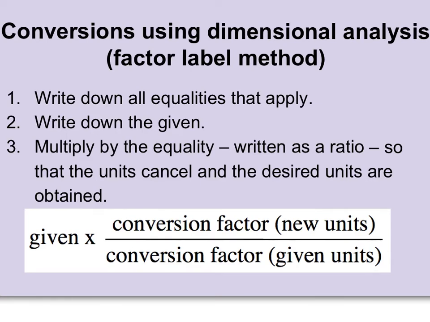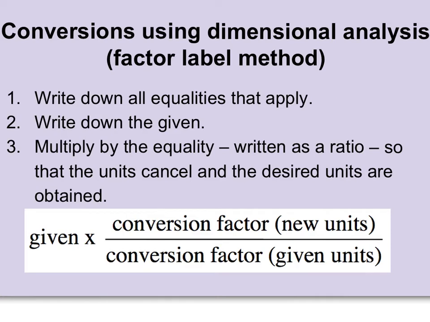But what I want you to do now is to do that same conversion process using this specific method of dimensional analysis, because we're going to use this in chemistry, this process of dimensional analysis, all year long, and the metric system conversions is a great thing to work with just to get used to this process.